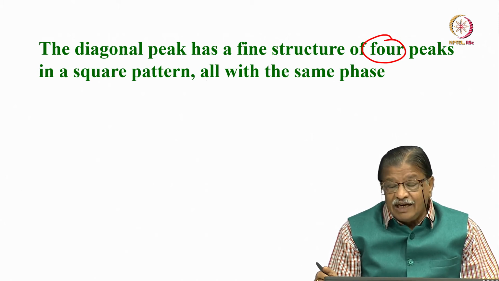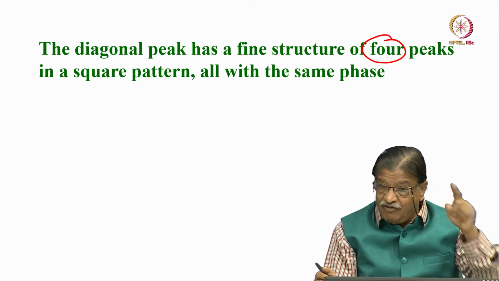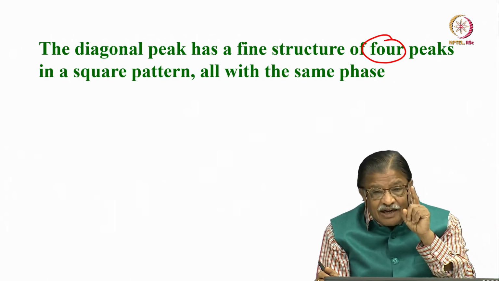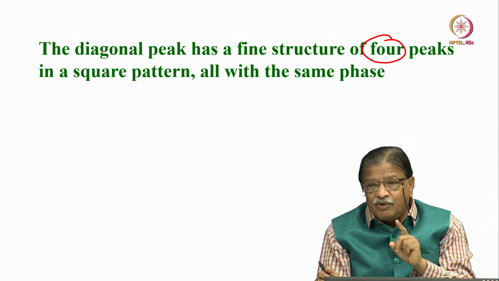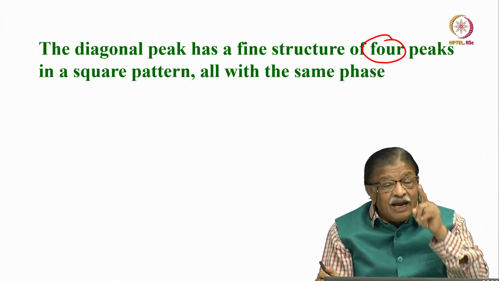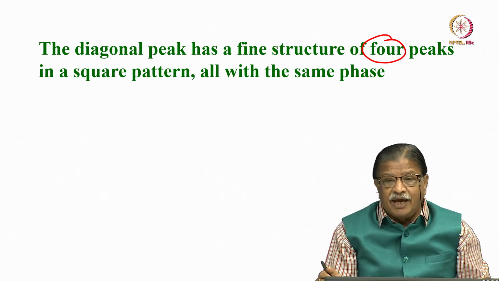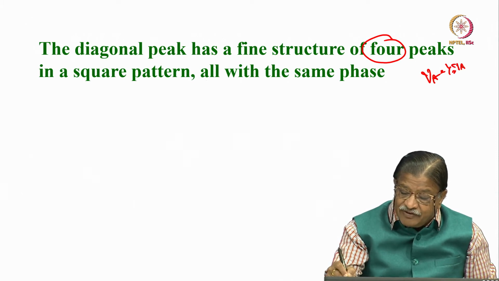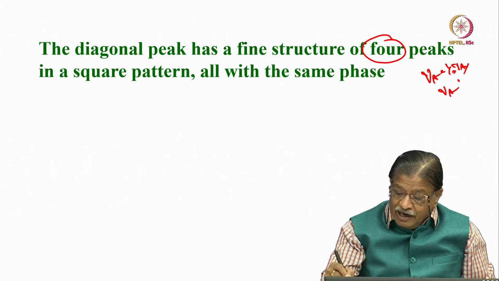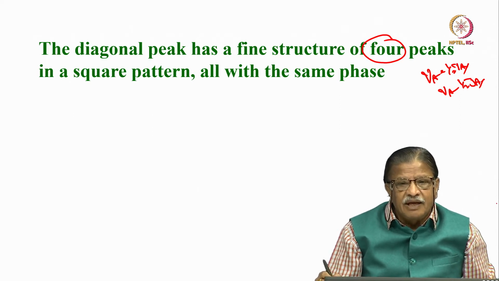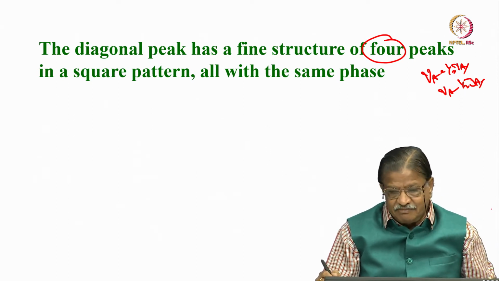Okay. Diagonal peak is not just evolving at the chemical shift frequency. In fact, I did not tell that because I did not want to bring in this coupling till now. Now I am bringing in the coupling. It is not evolving at nu A. It is evolving at nu A plus half JAX and nu A minus half JAX in the F1 dimension.